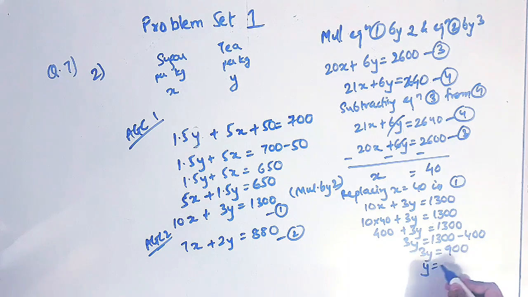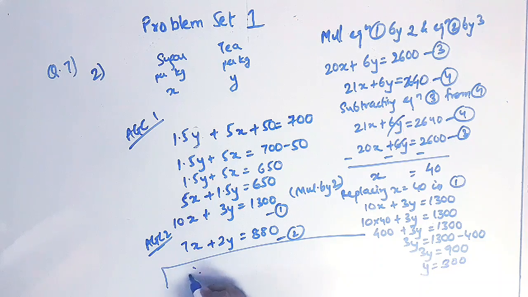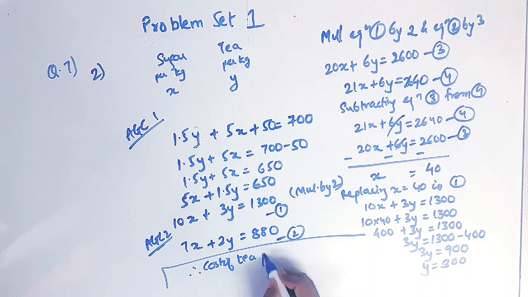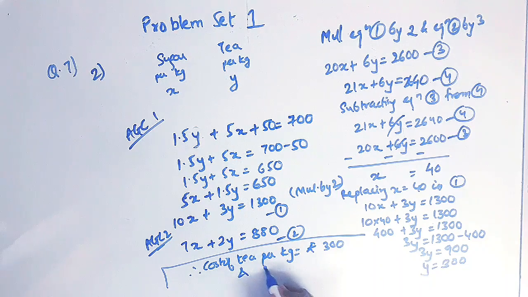What is y now? 900 upon 3, so it is 300. So the final answer you can write here: therefore, the cost of tea per kg is rupees 300, and sugar is rupees 40. So this is your final answer to the second one.